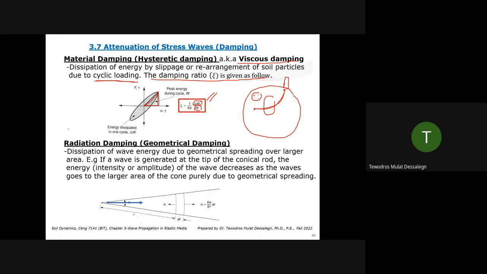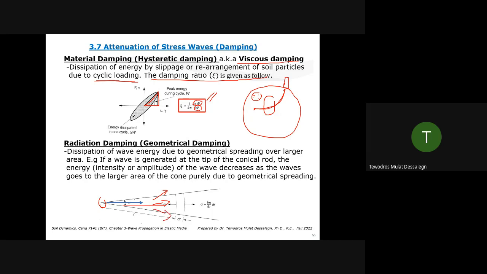The other damping is radiation damping. Radiation damping is geometrical spreading. When a wave enters from a small area and spreads into a larger area, the intensity decreases. Wave diffraction, we have seen that in the first chapter. When a wave enters into a larger area, it spreads out, and the intensity also decreases.